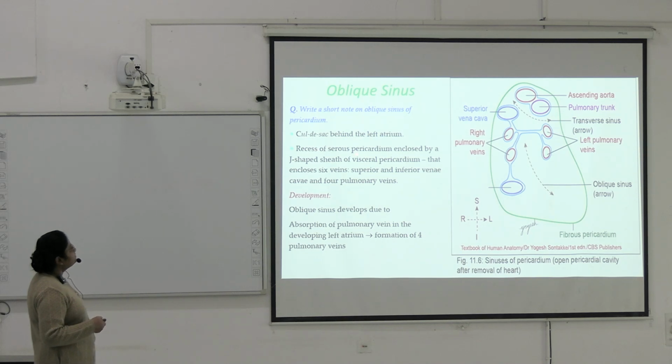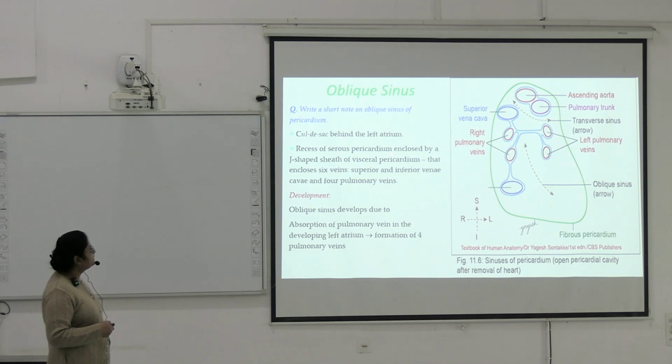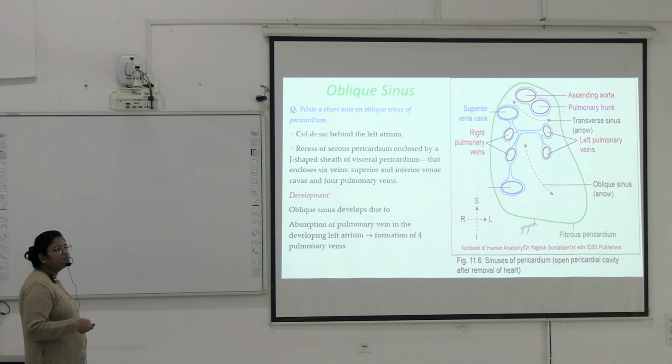It is a recess of serous pericardium enclosed by a J-shaped sheath of visceral pericardium, and that encloses 6 veins: superior and inferior vena cava and 4 pulmonary veins. Development: the oblique sinus develops due to absorption of the pulmonary vein in the developing left atrium.